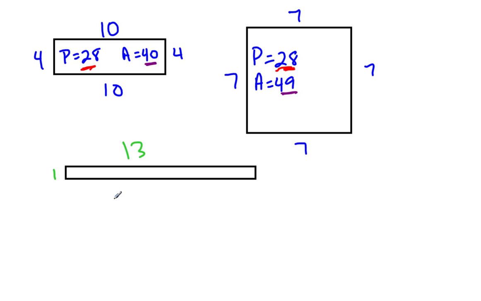So we have a rectangle that's 13 by 1. So our perimeter, again, 13 over here, 1 over there. If we add these up, 14, 27, 28, look at that. Our perimeter is still 28, right? But what about our area? Our area is 13 times 1. 13 times 1 is just 13. So we notice that our area has gotten even smaller without our perimeter changing.